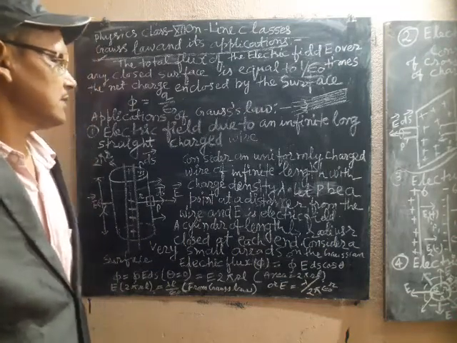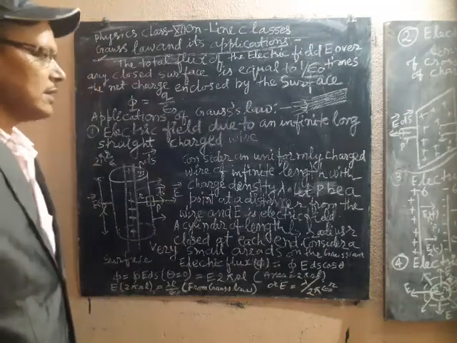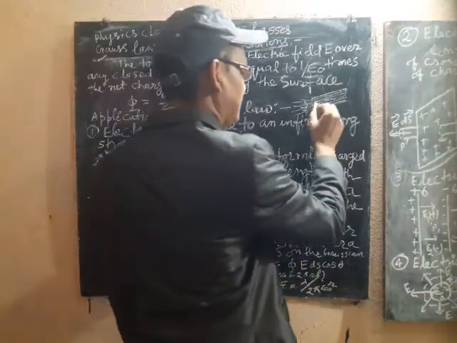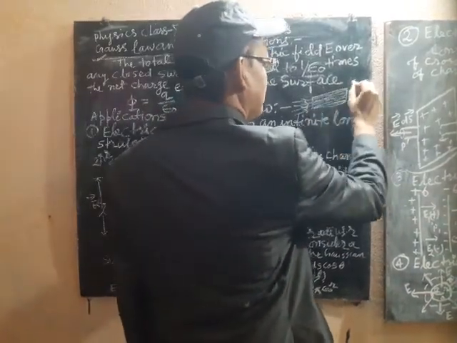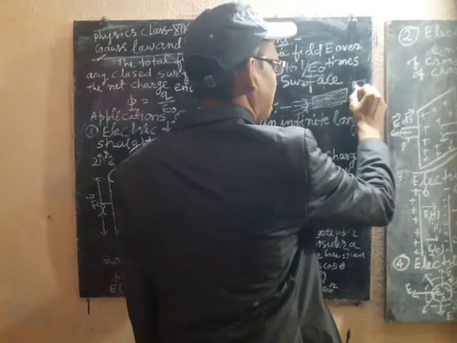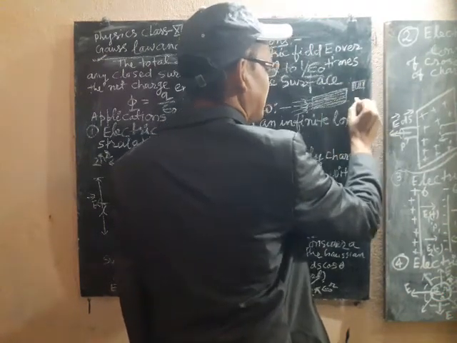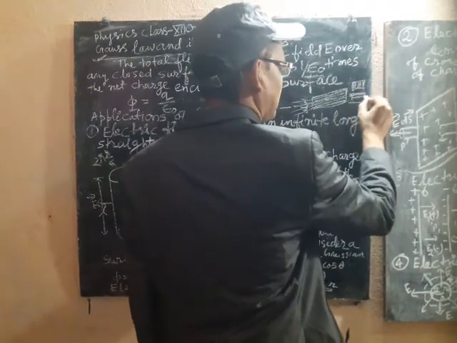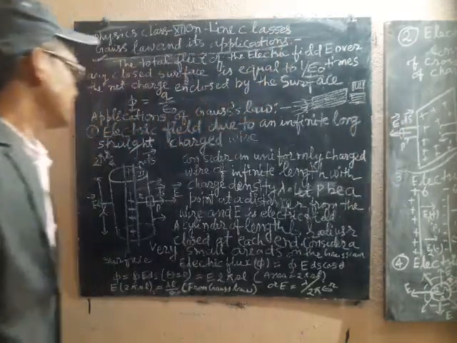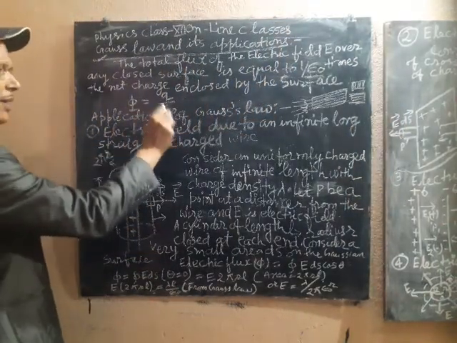How do you make an area? Simply you layer. Phi is equal to q by epsilon 0.